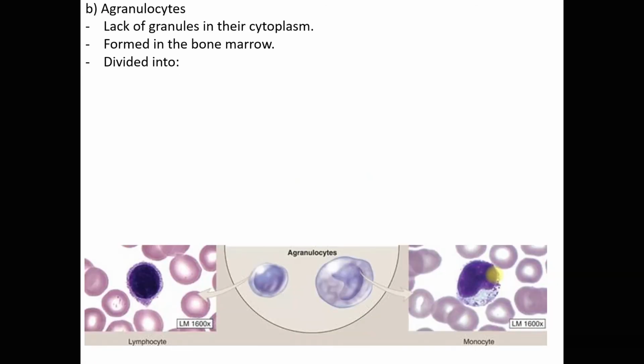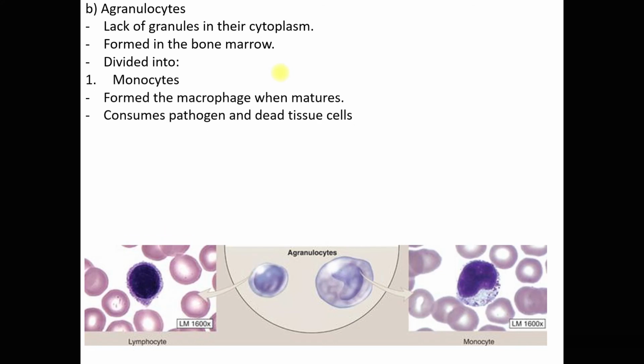Agranulocytes. These are the white blood cells that lack granules in their cytoplasm. Di punya cytoplasm ni tiada granule. Just cytoplasm. These agranulocytes form in the bone marrow and are divided into monocytes and lymphocytes.